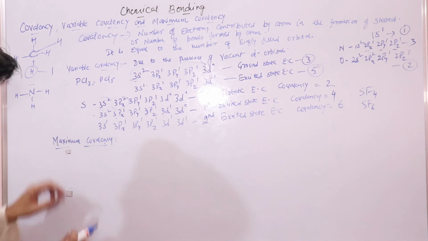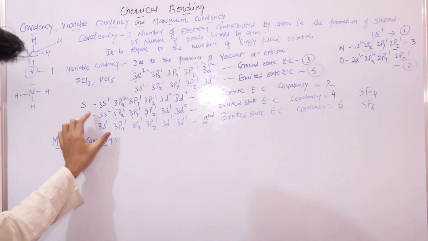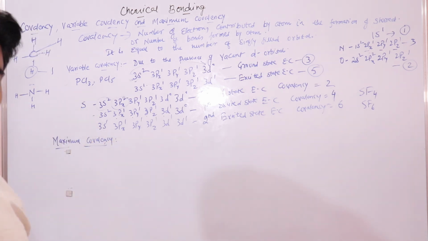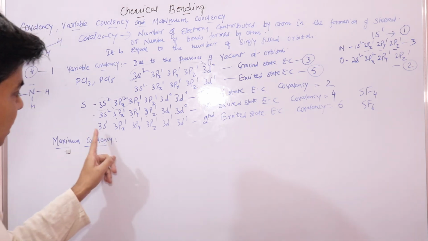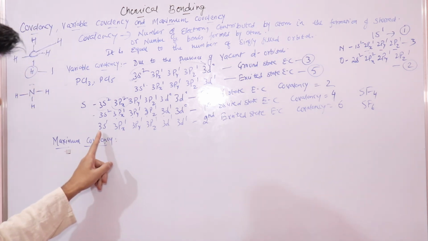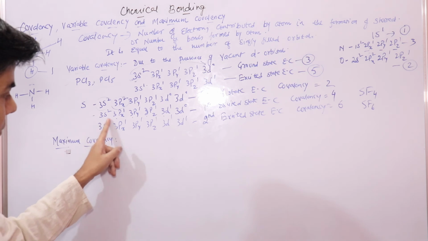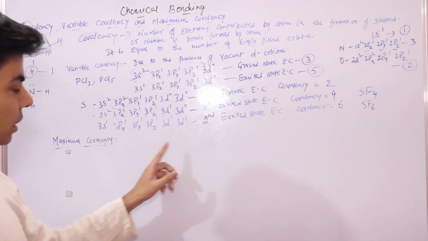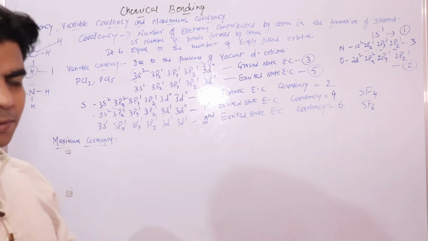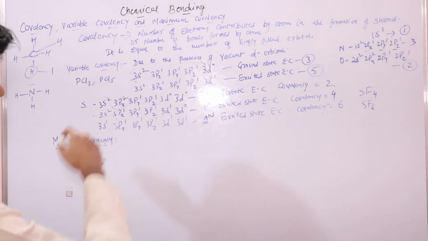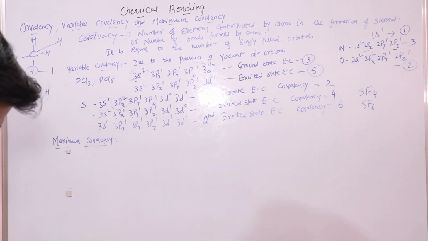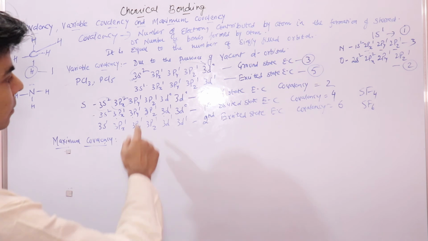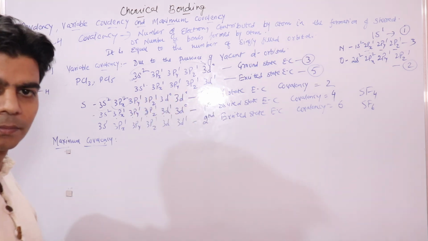Like in case of sulfur, the configuration that has maximum half filled orbitals is this second excited state. It has maximum half filled orbitals 1, 2, 3, 4, 5, 6, right? Similarly, in case of phosphorus, the maximum half filled orbitals are 1, 2, 3, 4, 5, right?